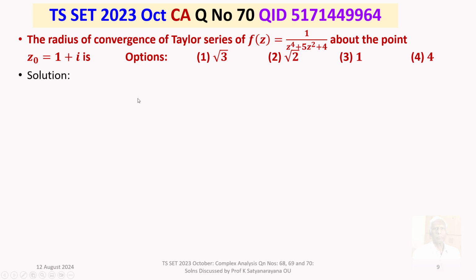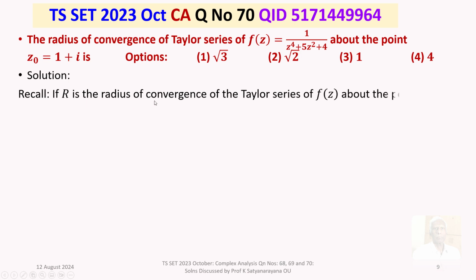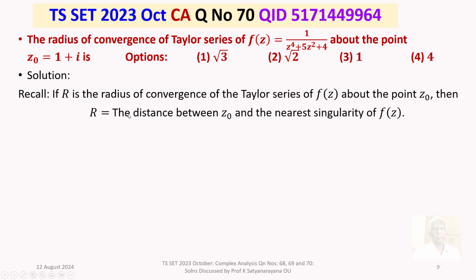Right. Now, solution. Let us recall a result. The result is: if R is the radius of convergence of the Taylor series of f of z about the point z0, then the radius of convergence capital R is given by the distance between z0 and the nearest singularity of f of z.